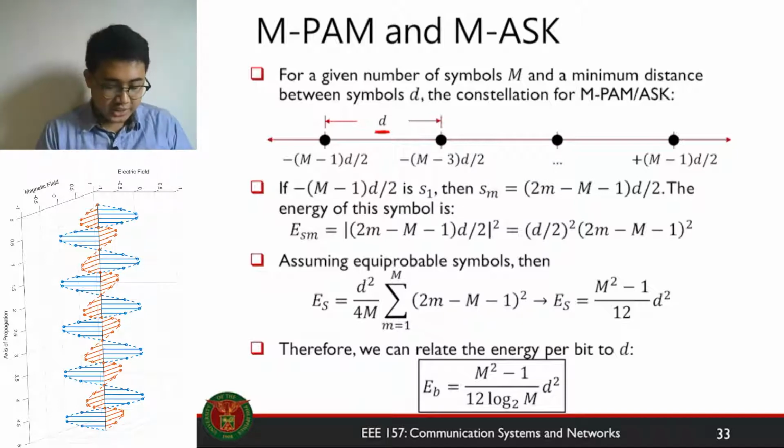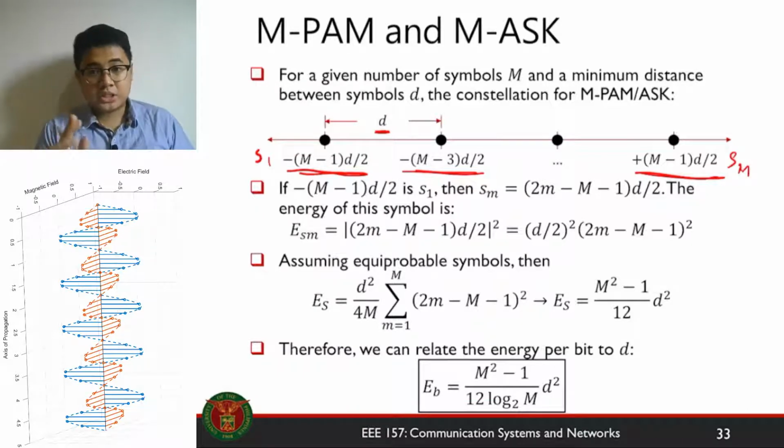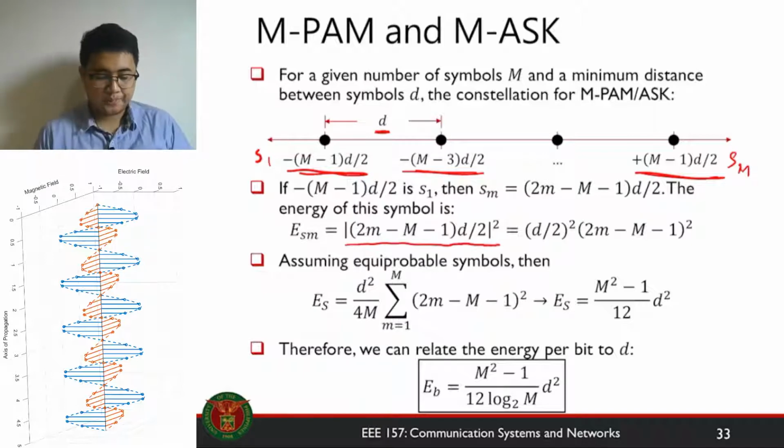Then your constellation will be defined by these integers here, with these parameters here. Okay? So let's assume this is S1 and this is S sub M, big M, right? So the energy of one symbol can be defined by this equation right here, where m is an integer. I did not put it here, but m is an integer from 0 to M minus 1.